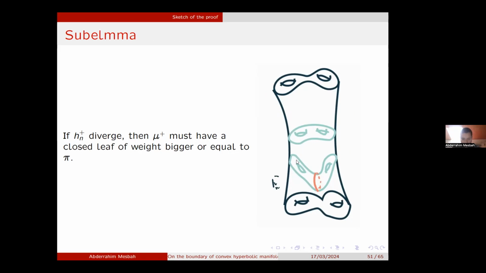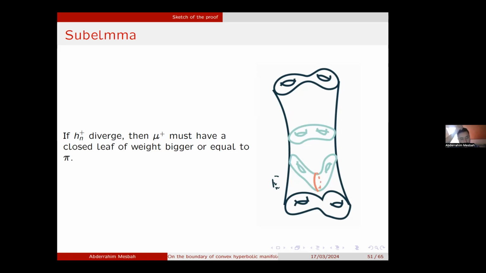If the induced metrics on the lower boundary diverge, then the laminations on that boundary won't converge to a nice lamination. We will have some big bending. Or precisely, we will have some leaf with weight bigger than pi, which is not allowed by the hypothesis of the lemma.